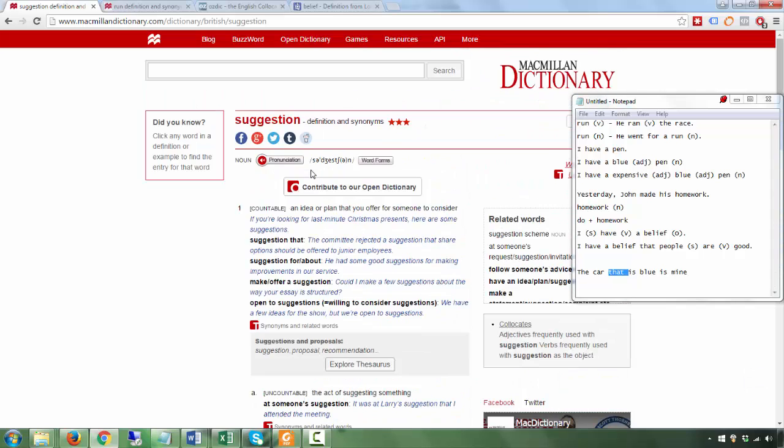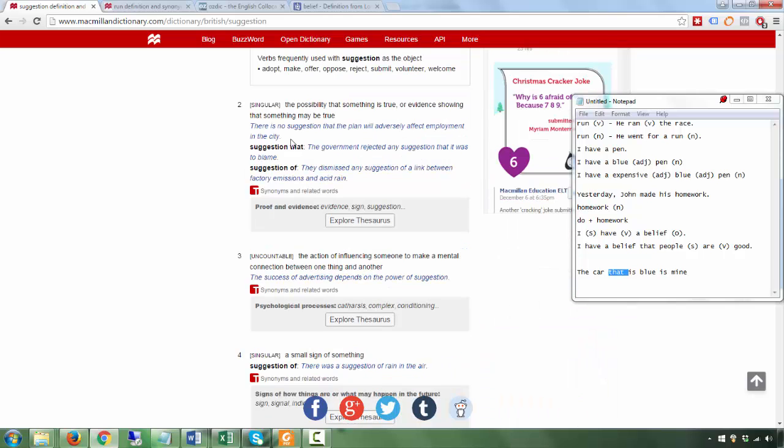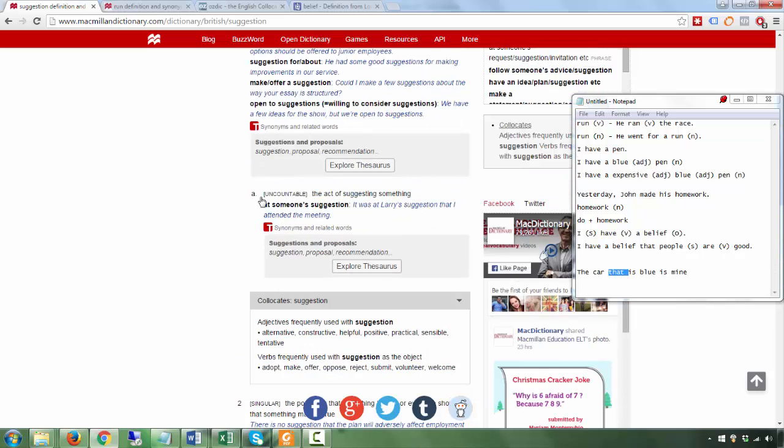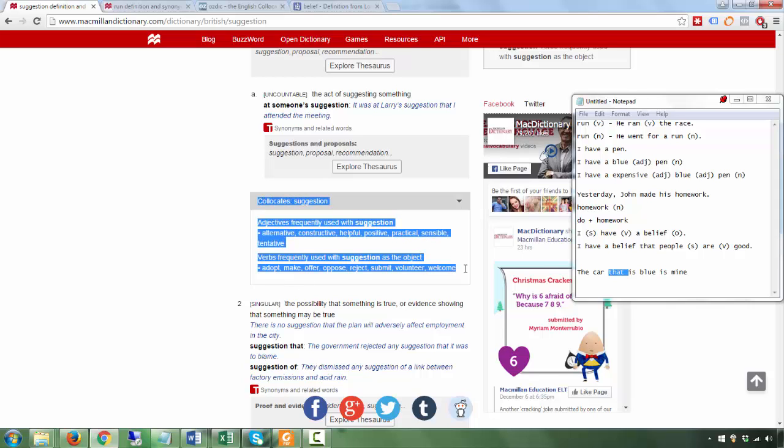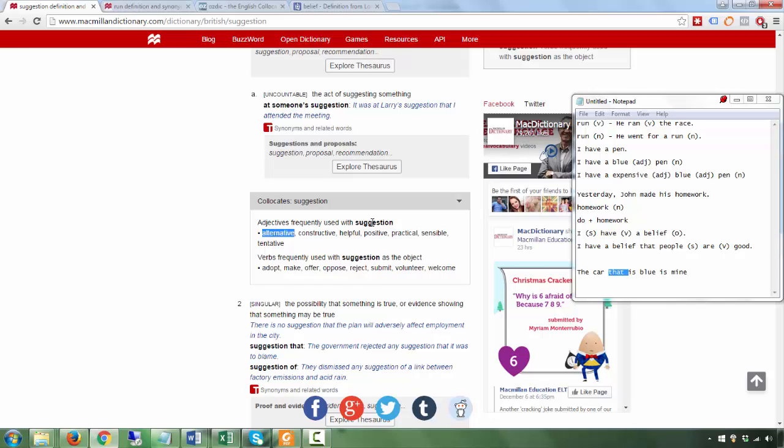Now why is it different? Don't forget, these are all under different meanings. So 1, this is the first meaning. 2, remember, even if it's different, this word is used with a different meaning, then it could have a different pattern, could have different collocations. These are the collocations. Sometimes Macmillan gives you collocations also. So this is an adjective collocation: alternative suggestion.